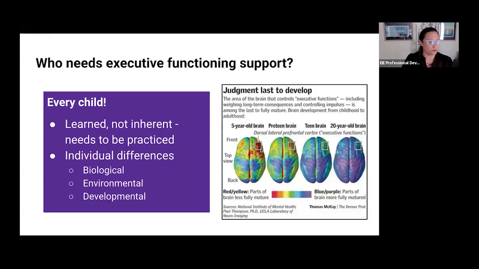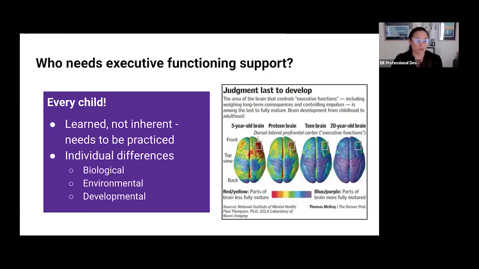I think my mouse will show you, right? This little box with each one. And we see with the 5-year-old, it matches with that less mature side of the brain or developed brain. There's that executive functioning in that prefrontal cortex. And even as we get up into these 20-year-olds, we're still seeing some of those blues and greens of not being fully developed because they're still learning and they're still developing and they're still growing and they're still going to need support.